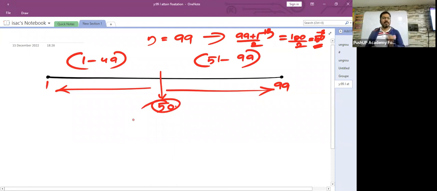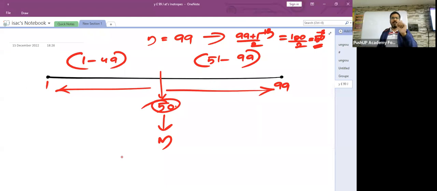That's how you got the answer by using this formula. Children, if I have to compare this demonstration with the topic which we are learning, I can say the median value is 50, because the central value which comes in the arrangement of these numbers is 50. Median is 50. Understood?